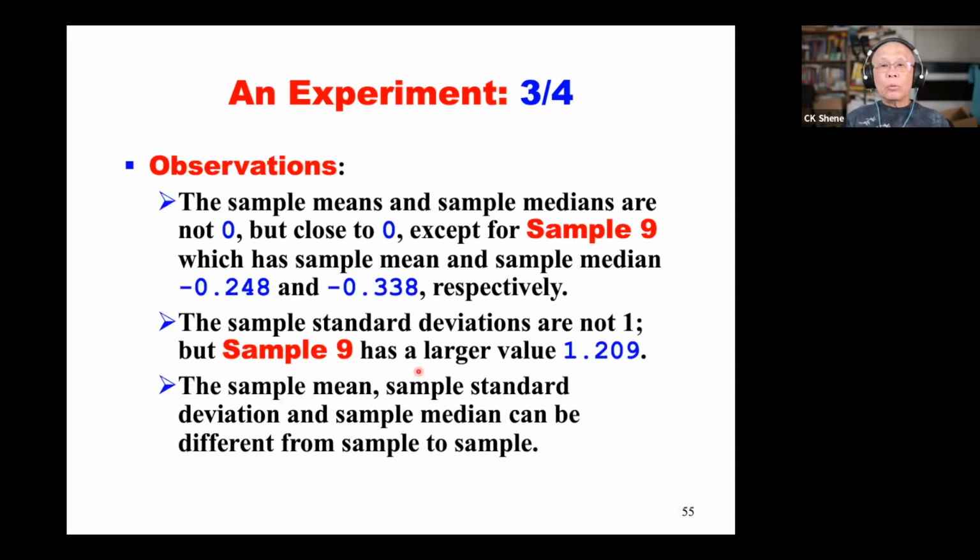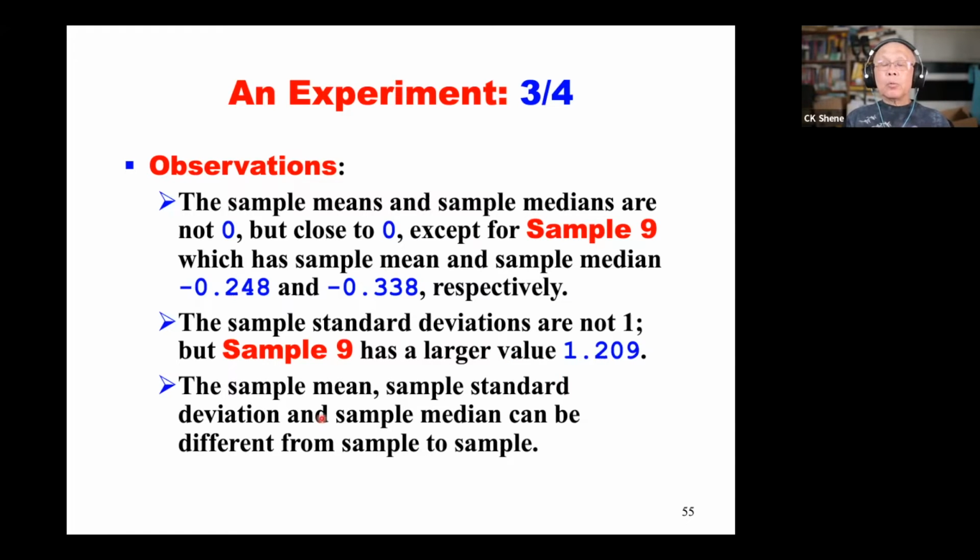So we have our observation like this. The sample means and the sample medians are not 0, but close to 0, except for sample 9, which has a sample mean and sample median of negative 0.248 and negative 0.338, respectively. The sample standard deviations are not 1, but sample 9 has a larger value, 1.209.